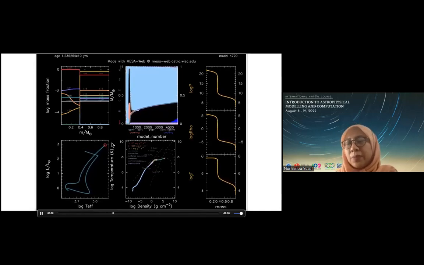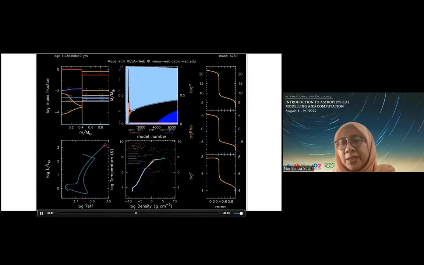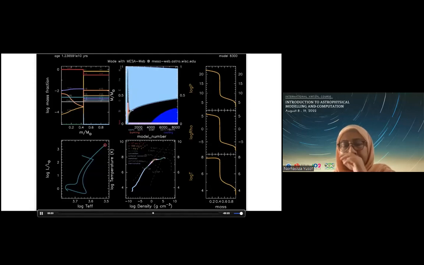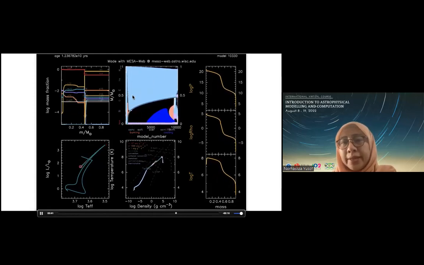These are the parameters that we obtain from our output. We have our mass, that's why we have to calculate the Lagrange coordinate. Then we obtain our temperature, density, and pressure for that particular star. This is one solar mass. The bottom part is what we call a Kippenhahn diagram.